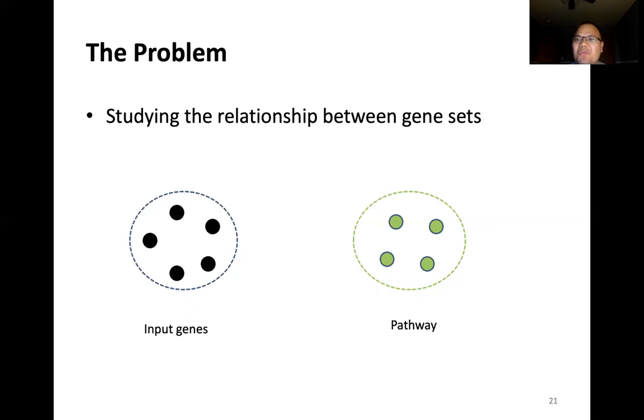A pathway refers to some knowledge, and it represents some kind of function. For example, maybe it represents the DNA replication function. So we want to establish some relationship from the input genes to pathways.